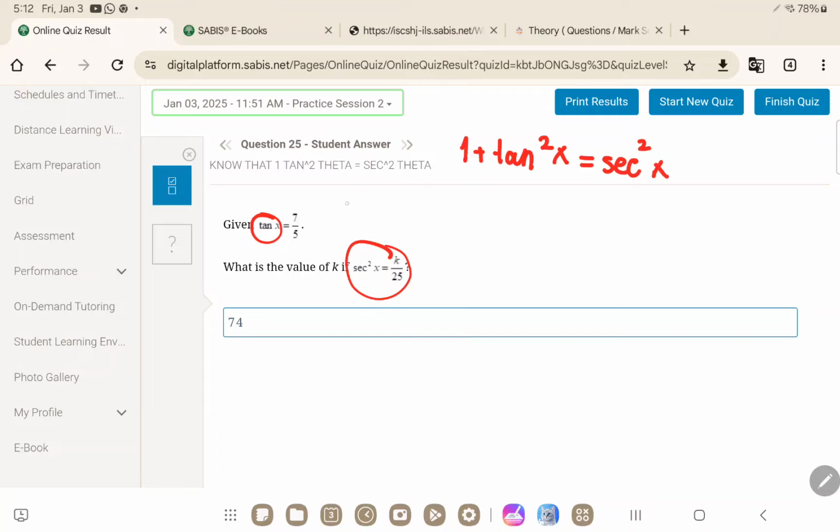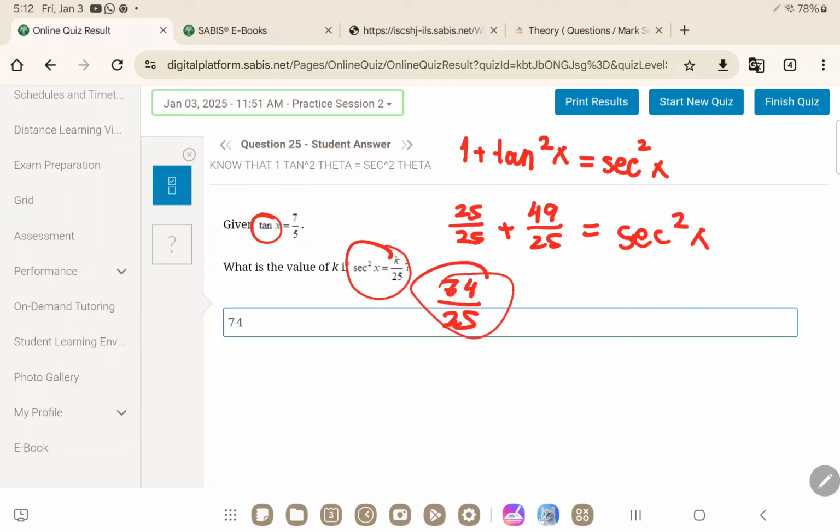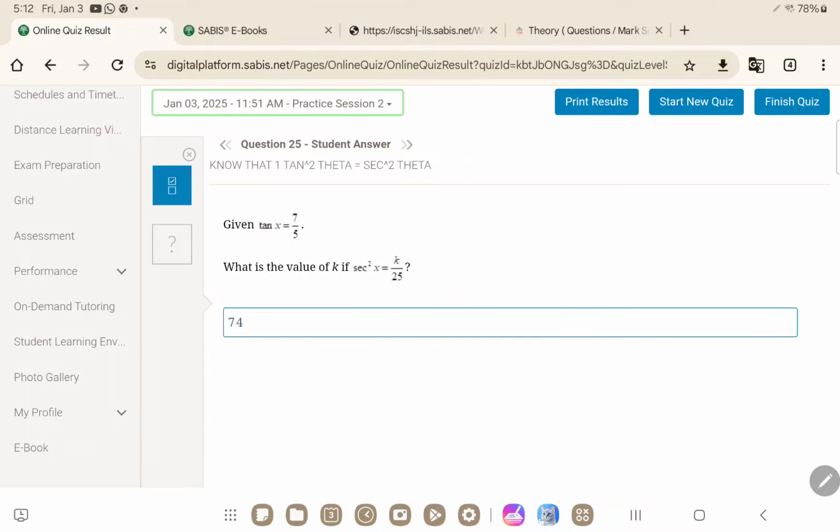So we need to square this again. So 25 over 25 plus 49 over 25 gives you secant squared x. You're going to get 74 over 25. We already solved this in an AMS before, that's why I'm rushing over them, but they're really easy either way. So now, moving on.